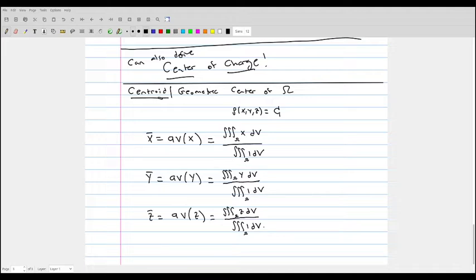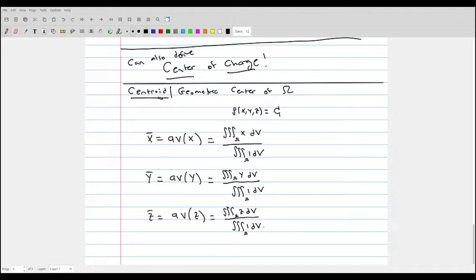Now in general, the centroid is much easier to compute because you don't have a mass density function to deal with. You only have these integral of x, integral of y, integral of z. So the main problem here is figuring out the correct coordinate system to use for your integral, and that normally depends on the bounds of the region of integration.